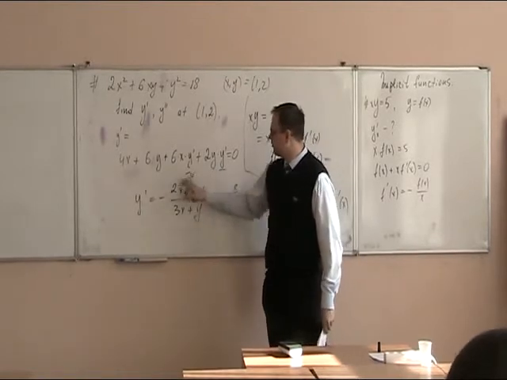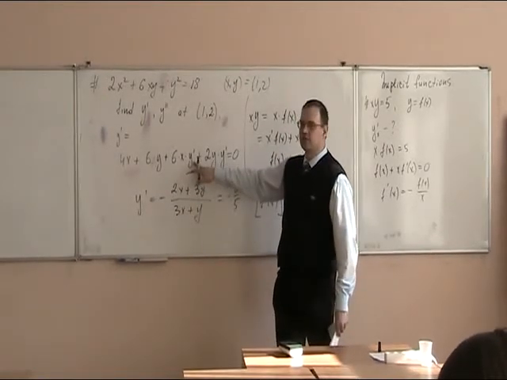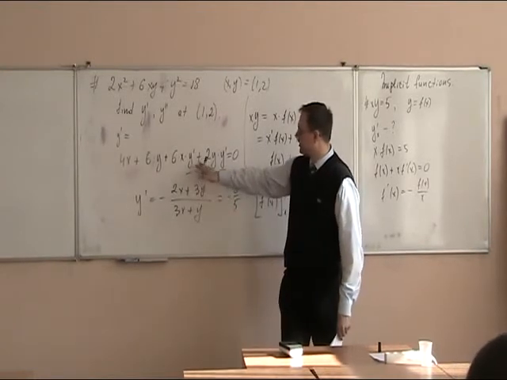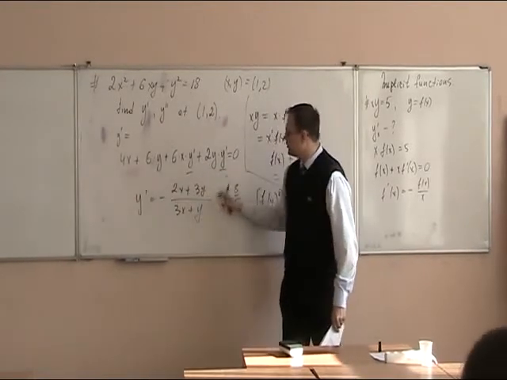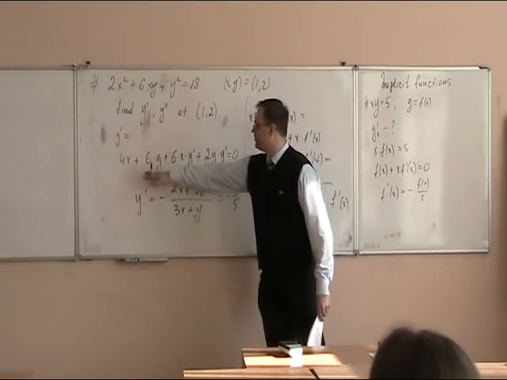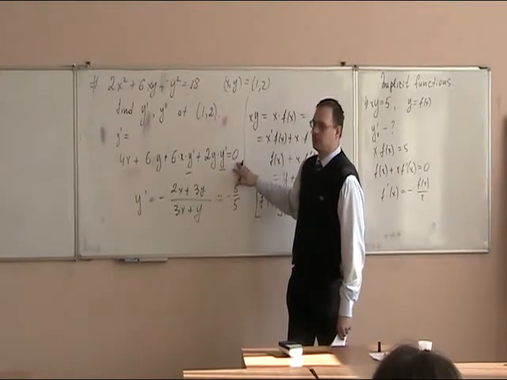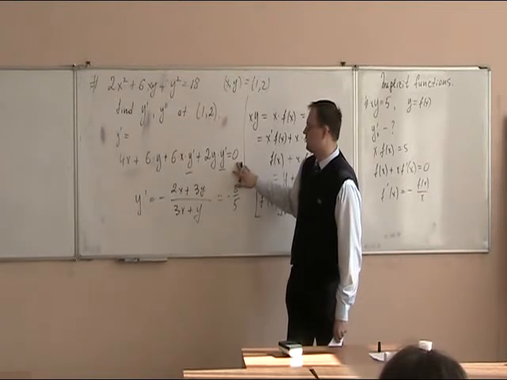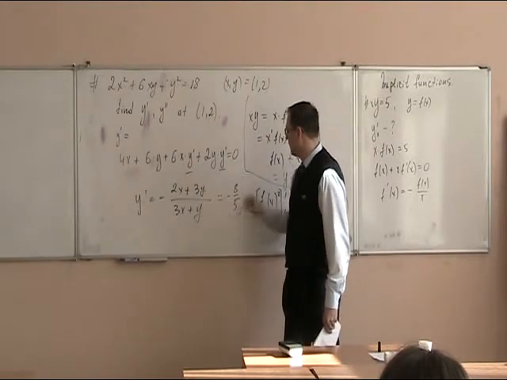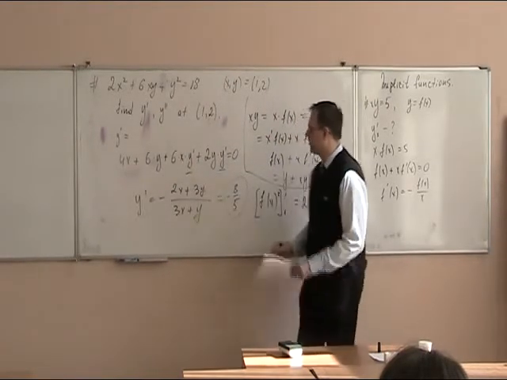So you can substitute this y prime into this equation and differentiate it. You can try to differentiate this one, which is also going to be correct. But differentiating this one is probably the easiest, because again you're going to have just one line differentiation. And when you get to y prime, you simply substitute this number instead of y prime.